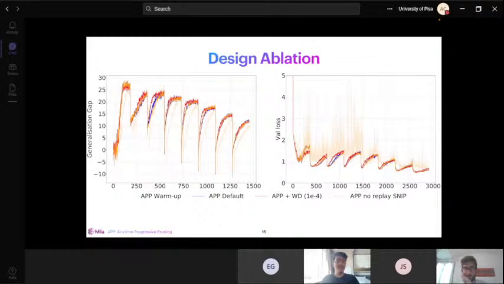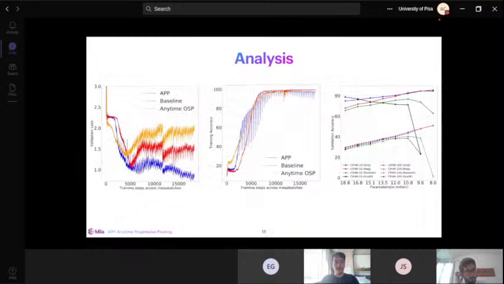As you can see from this plot, the blue line, which is APP default, is extremely stable, and we see further up in our results that it does perform really well. And this is basically how we came up with the idea of progressive pruning and the very specific design that I showed you earlier.